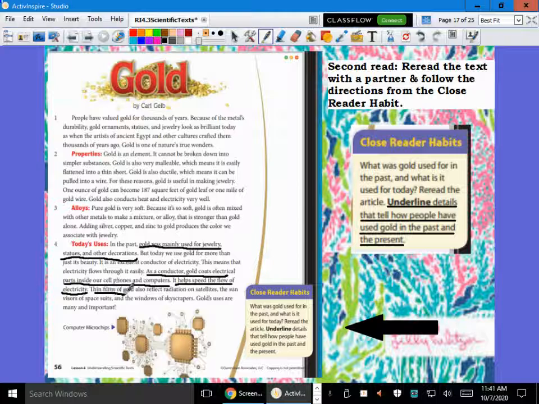So, because it's able to reflect that radiation, okay, that heat, right? Let's underline we have the space visors. We definitely don't want that getting in their eyes. The windows, okay? Gold's uses are many and important. So look how many great details we had from the past and also present day here. Okay. All right, let's keep going.